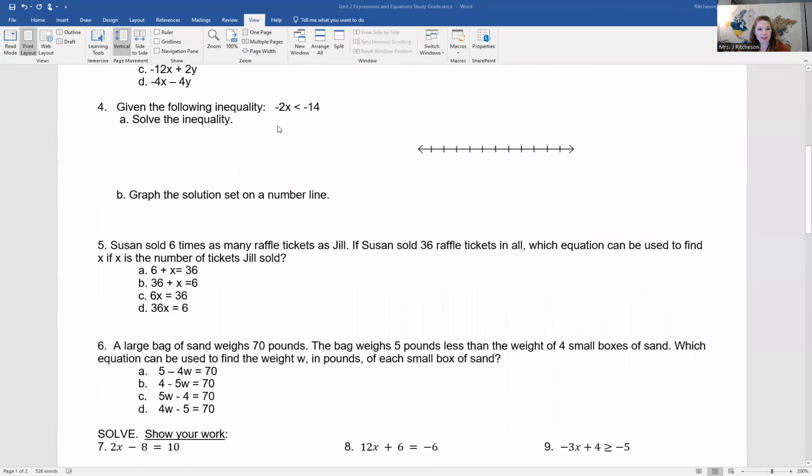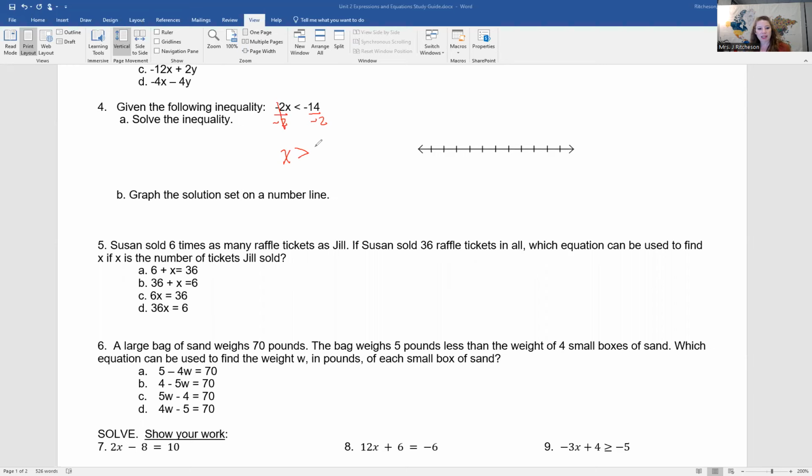All right. Number 4. Solve the inequality. So negative 2 times x, the opposite of times negative 2 is dividing by negative 2. And whenever you divide by a negative or multiply by a negative, you always have to flip that inequality sign. So we're going to flip it to a greater than.